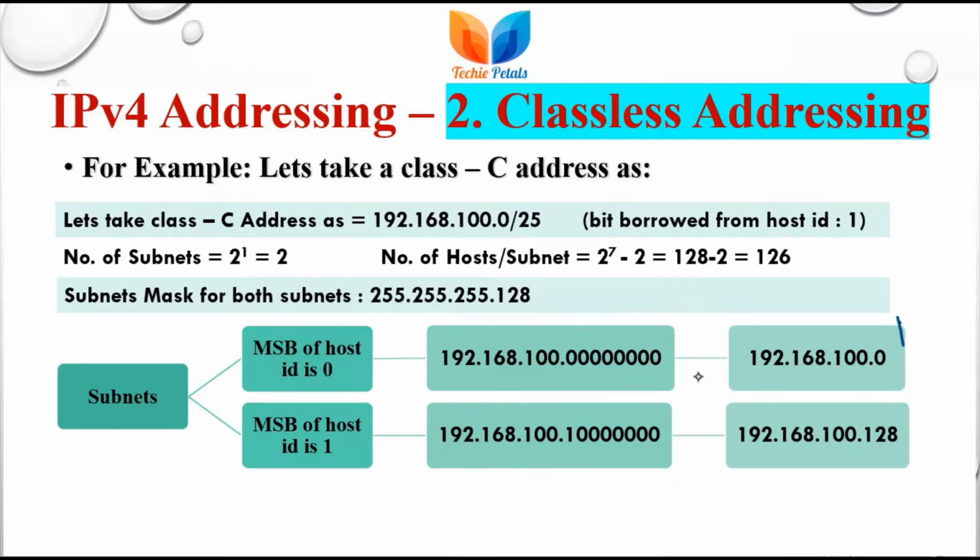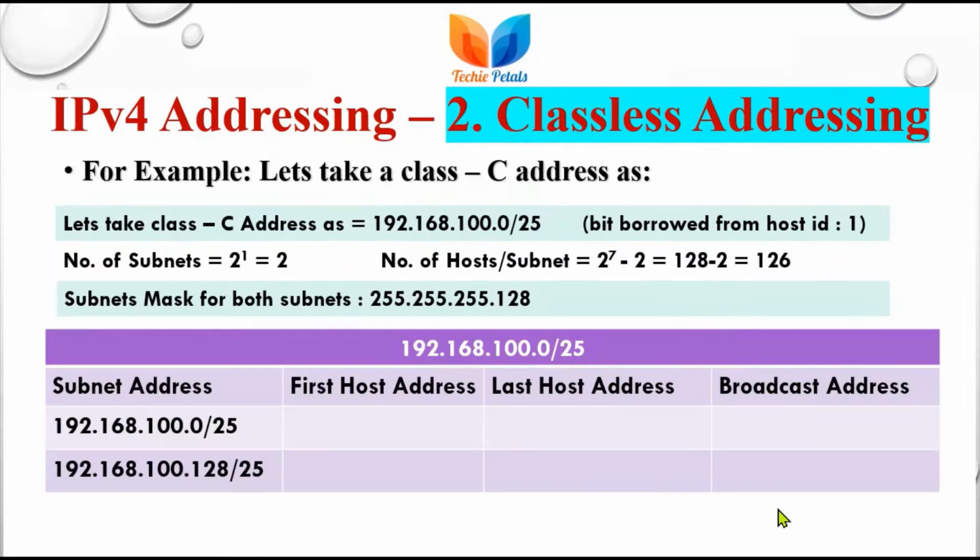So these are two subnet IDs under this class C category, when we are using one bit from the host ID as network. So a total of 25 bits are representing the network ID, and these are two possible subnet IDs under this category. Okay, I hope this is clear and we will be implementing this.